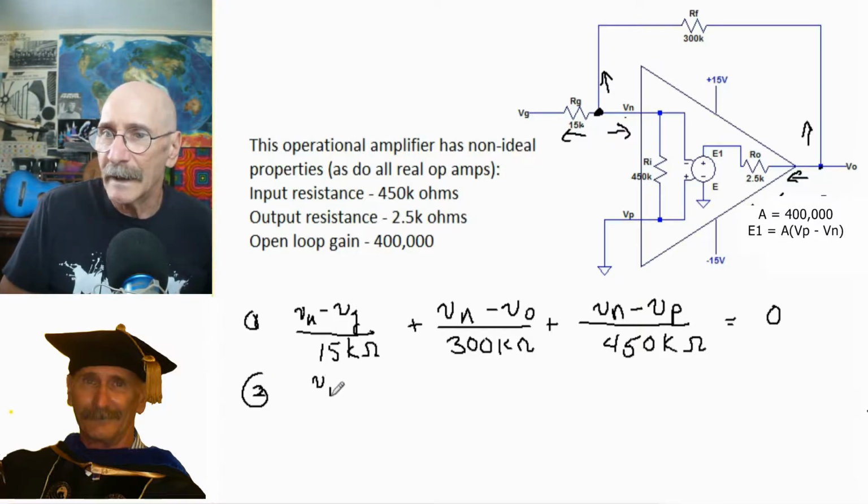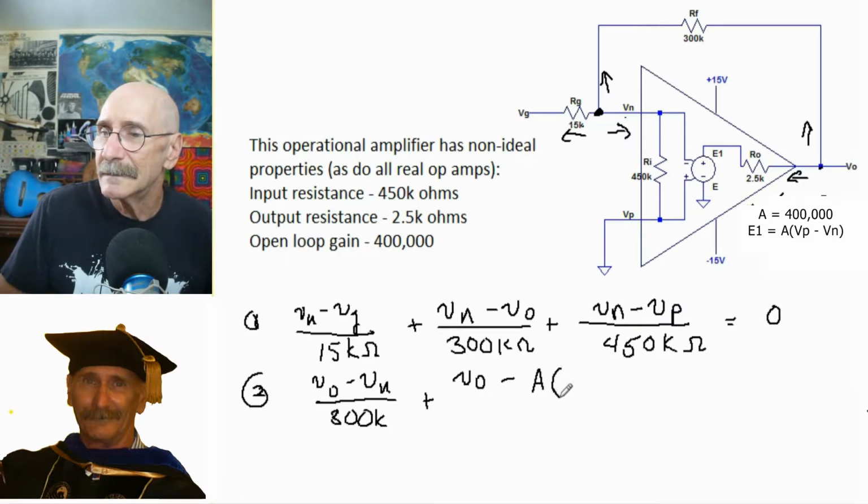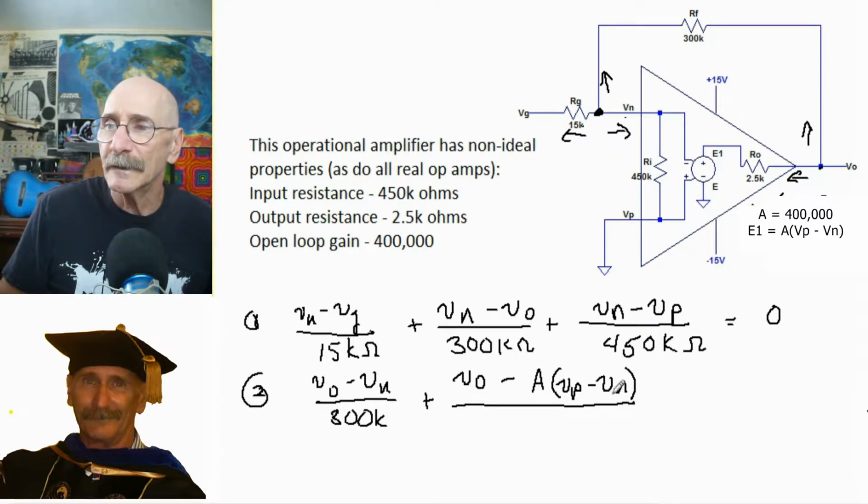It's going to be Vout minus Vn divided by 300k, plus Vout minus A times Vp minus Vn, divided by our output resistance of 2.5k. And all that adds up to 0 as well.